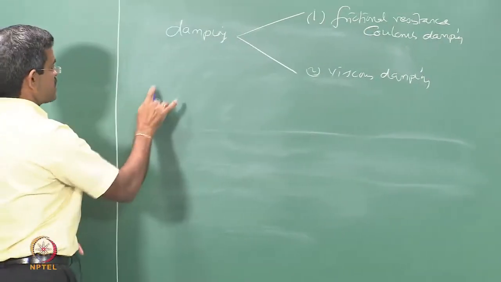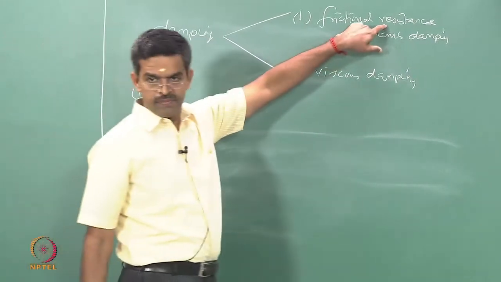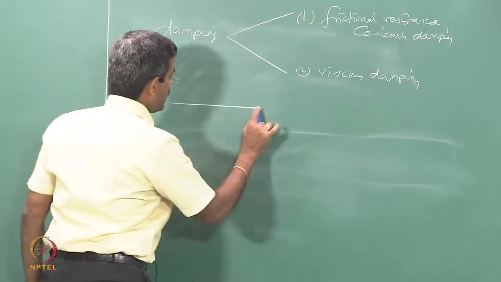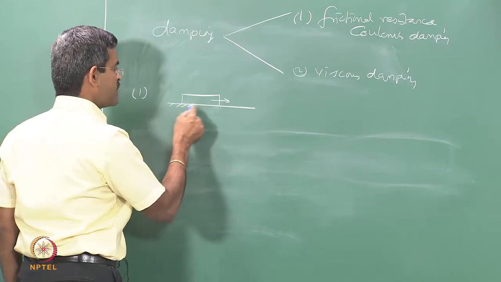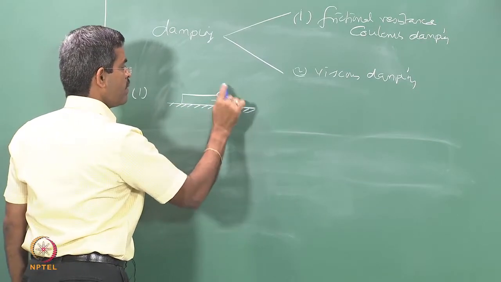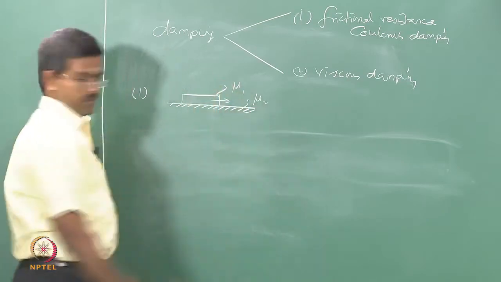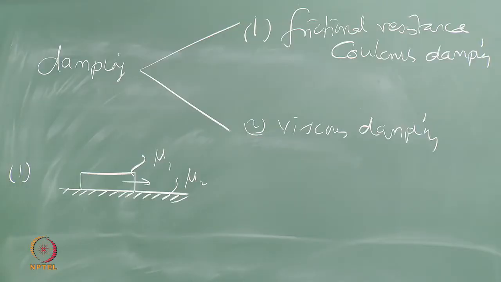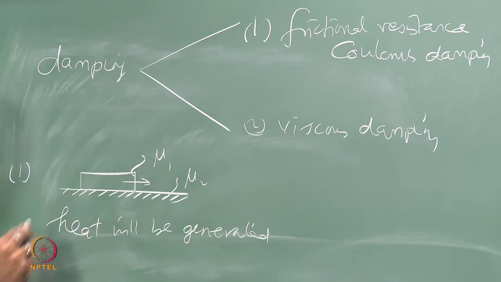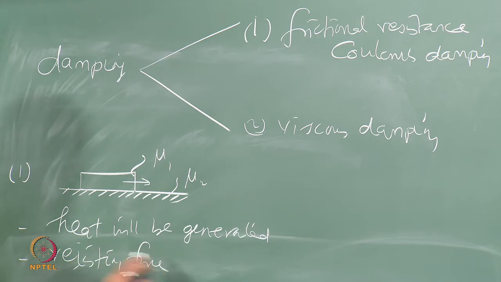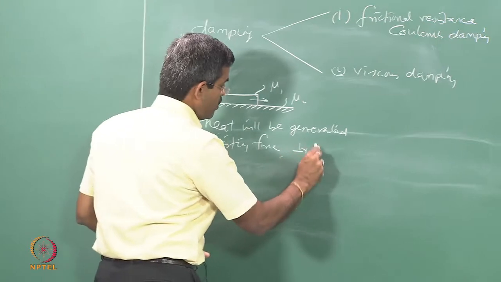Let us talk about the first case, which is the frictional resistance. We know that when one body is moving against another surface, heat will be generated and the resisting force will be normal to the surface.